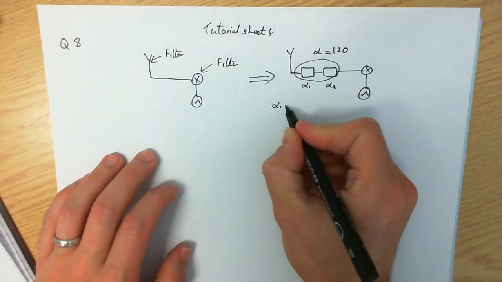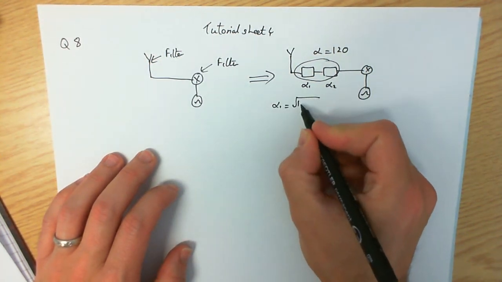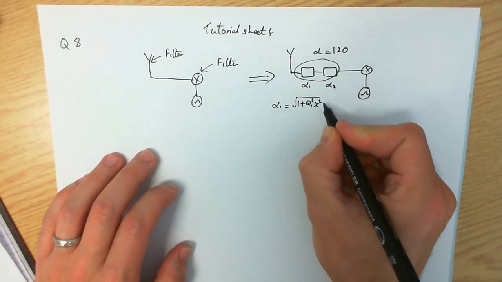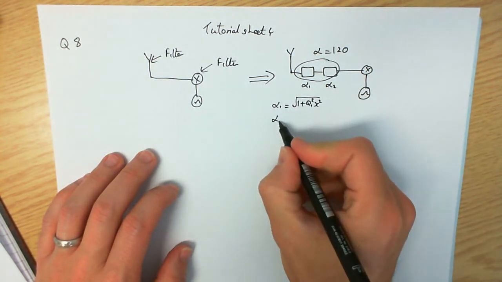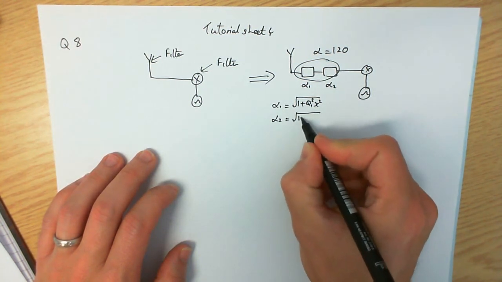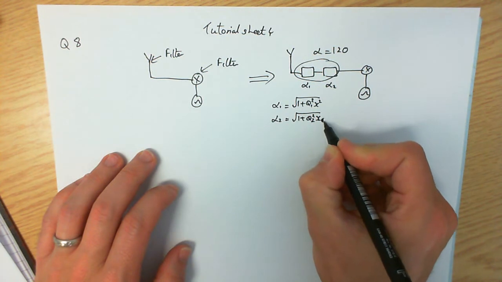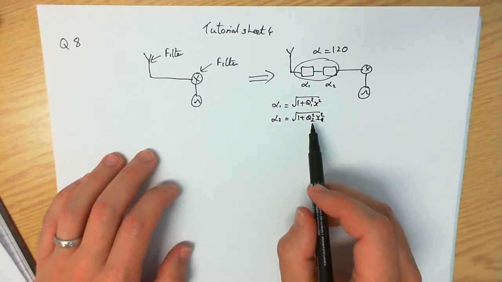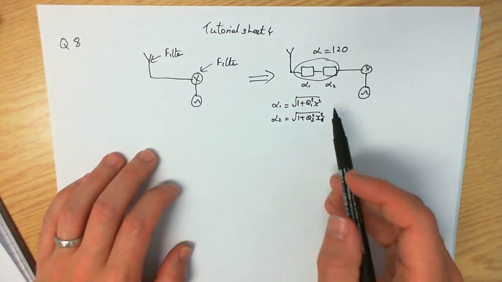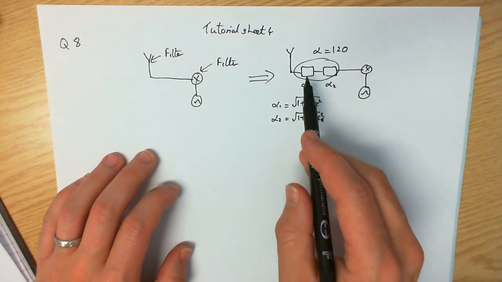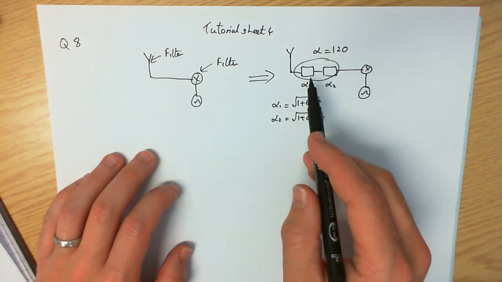So alpha 1 is equal to our usual equation, 1 plus Q1 squared x squared, and alpha 2 is the same, but this time we've got different Q factors. However, the question says that these two circuits are identical, so the Q factors are identical for each situation.